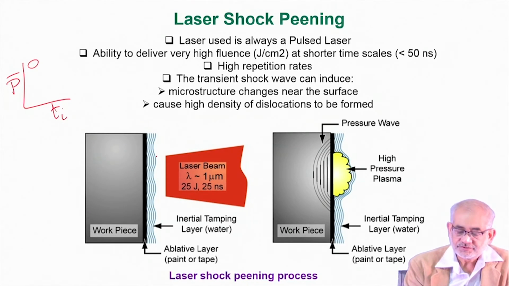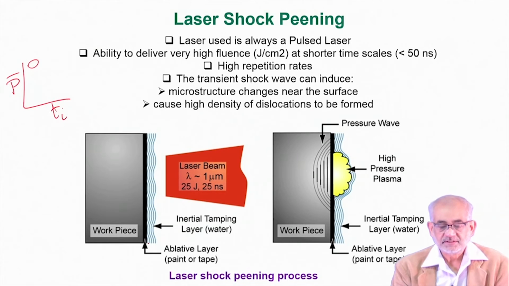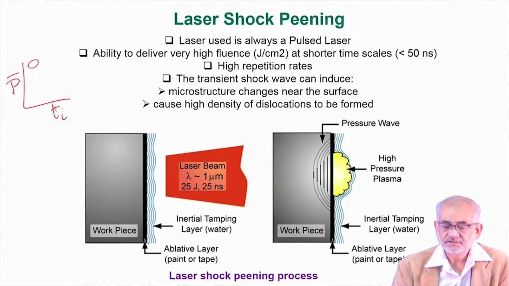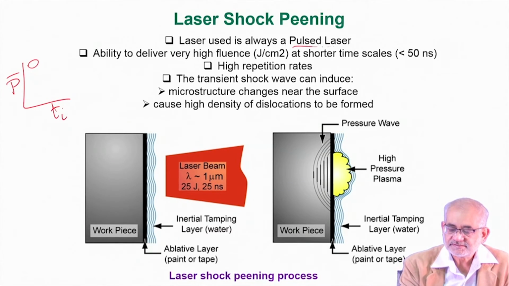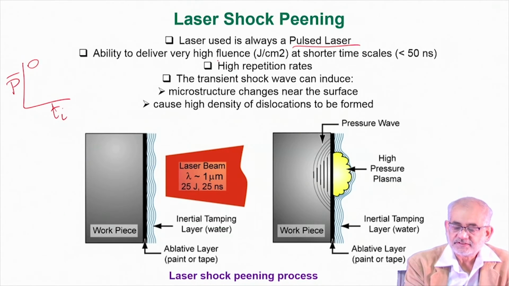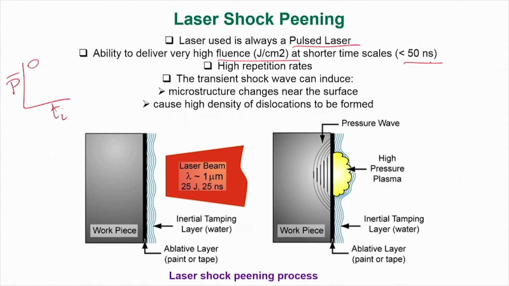In order to create that shock wave, first you cover the surface with a polymeric membrane with certain chemicals or substances which can undergo very quick vaporization. We use a pulsed laser and we allow very high fluence, in terms of energy, or in terms of power, watt per centimeter square, for a very small period of time.